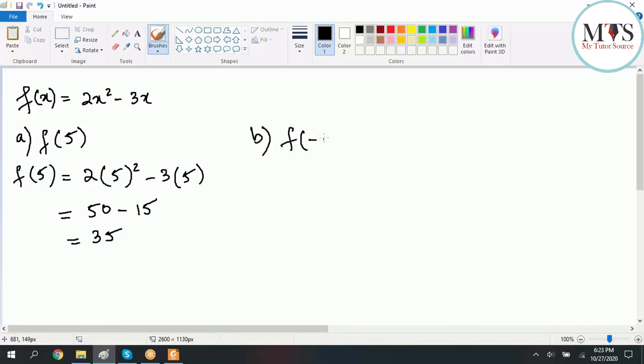So how would we do f(-4)? How will you solve f(-4)?